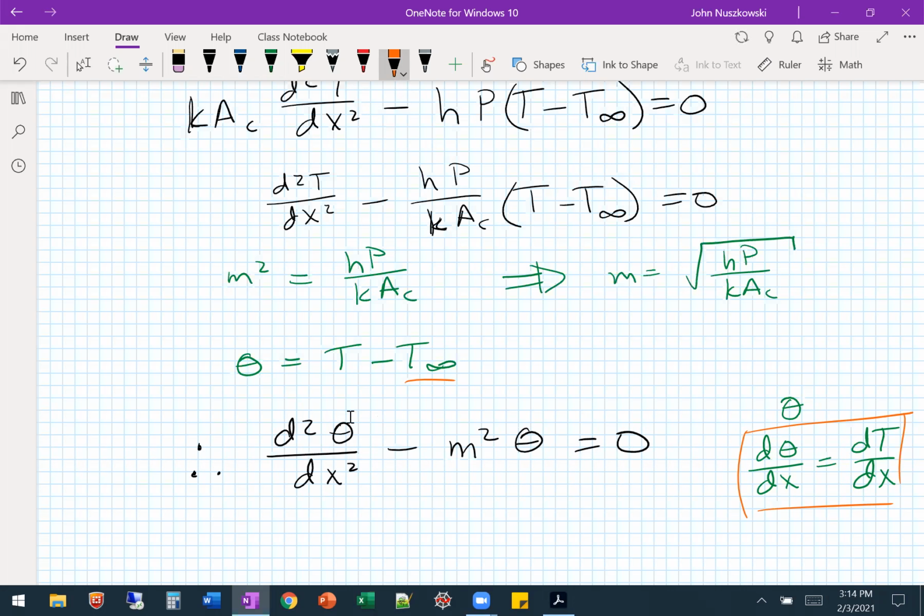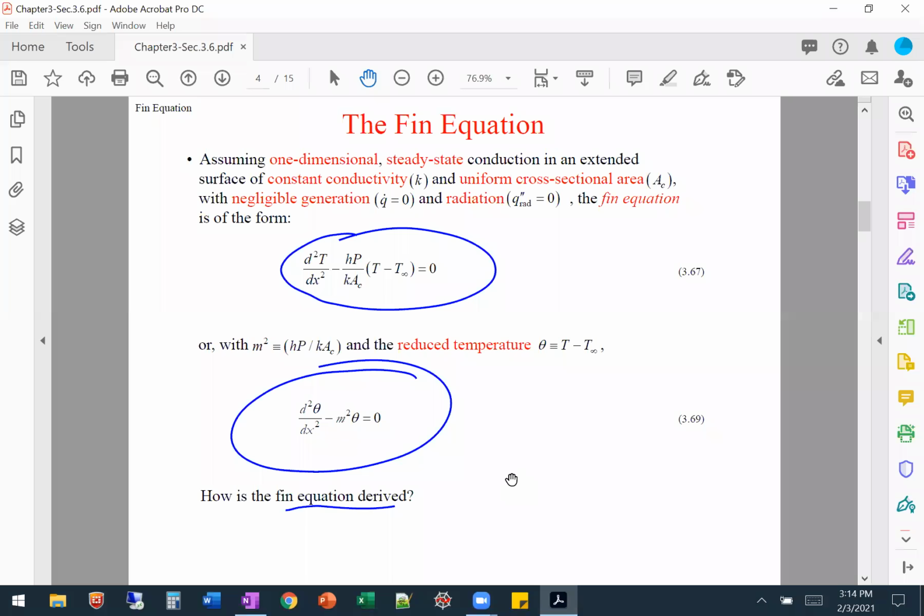All right, so now we have something that we can solve that looks more like an equation you may have seen in your math courses. And that's what we have here, okay? So it's a combined conduction-convection solution.